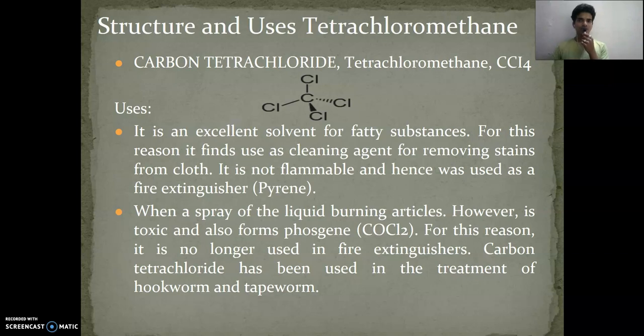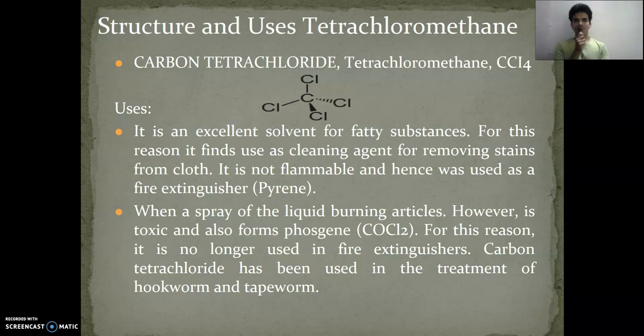For this reason it finds use as a cleansing agent for removing stains from clothes, and it is not flammable, and hence it was used in fire extinguishers as pyrene when sprayed on burning articles. However, it is toxic and also forms phosgene, so it is no longer used in extinguishers. Carbon tetrachloride has also been used in the treatment of hookworm and tapeworm.